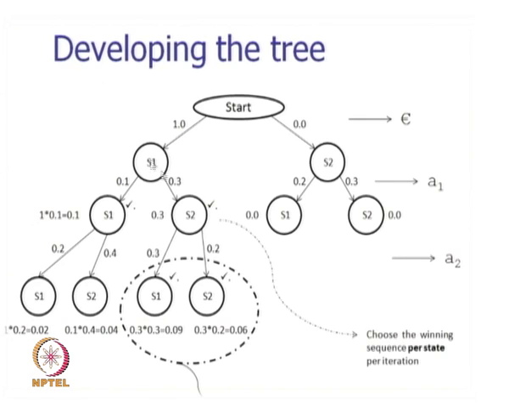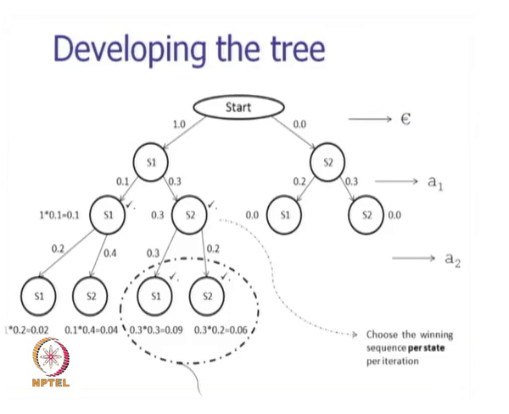The probability of S1, S2, S1 is 0.09, that of S1, S1, S1 is 0.02. Now, we observe that the children of this S1 will never be able to win over the children of the S1 coming from here. This again we can illustrate by writing.